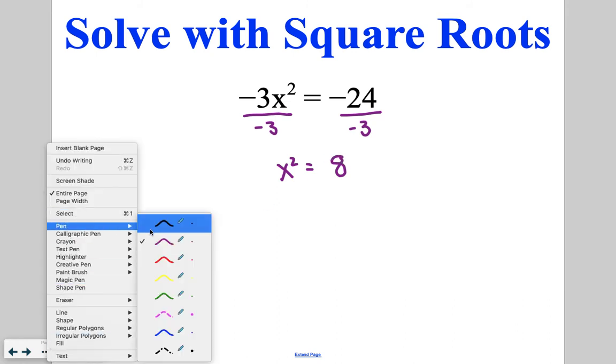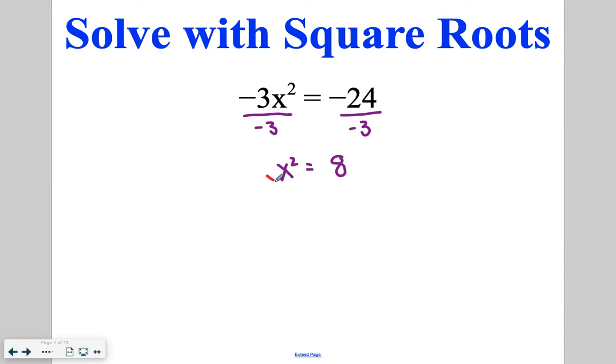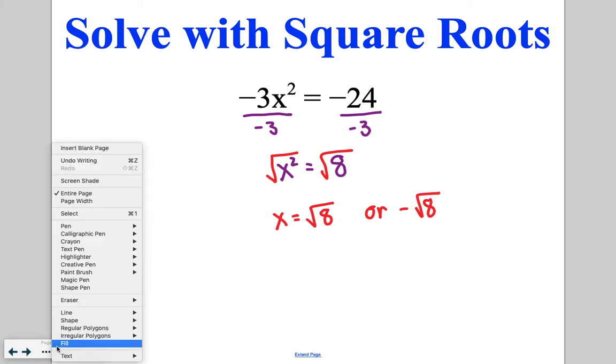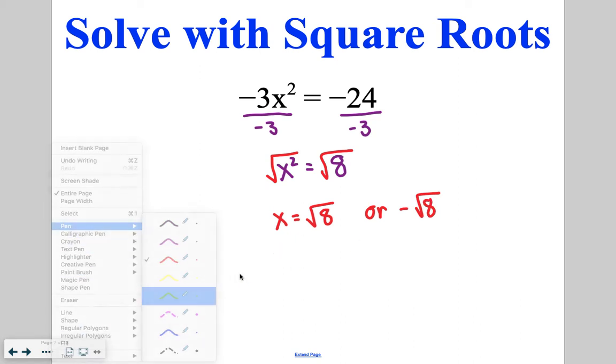So since it's positive now, we're going to square root both sides, and I'm going to get x is equal to the square root of 8, or the negative square root of 8, because we can't actually take the square root of 8. Then you're going to need to simplify.